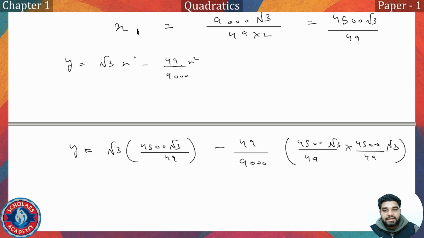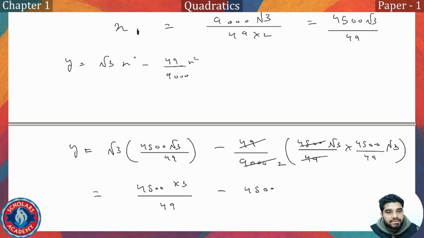So I'll simplify it. What I will get is 4500 times 3 by 49, minus, we can simplify this, this is getting multiplied, so 49 cancels out with 49, and we get 2 over here. So 4500 root 3 into root 3 is 3, times 3 by 49 times 2.